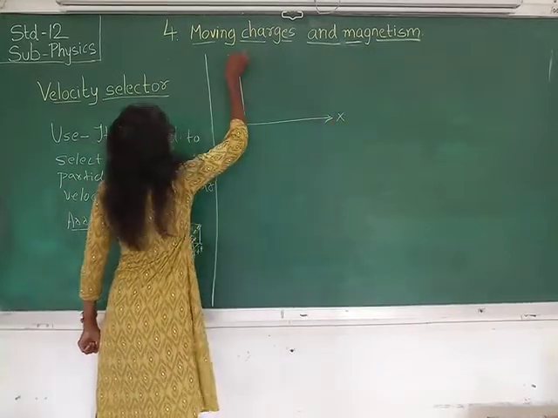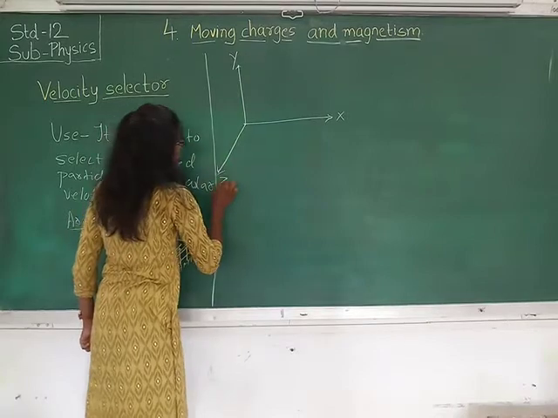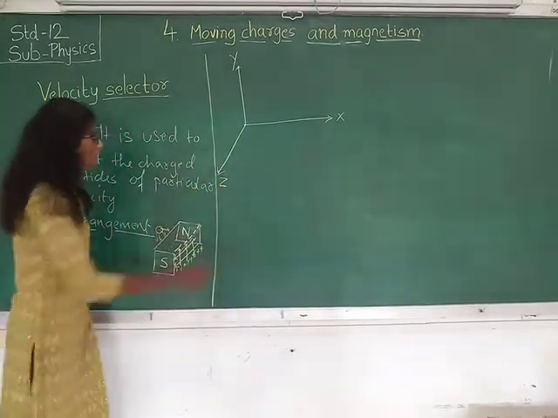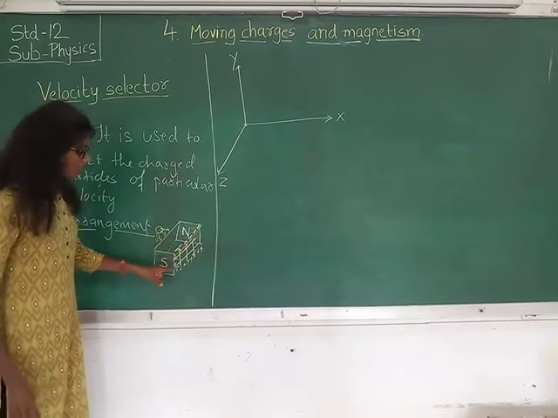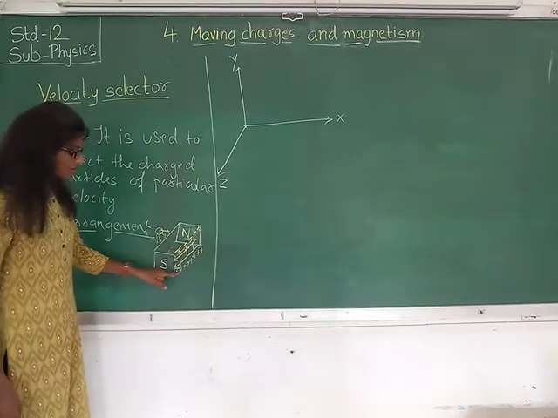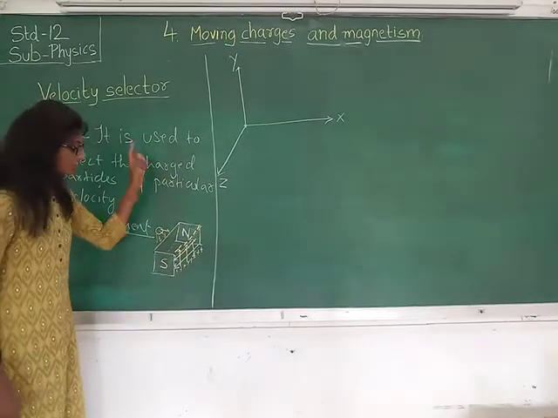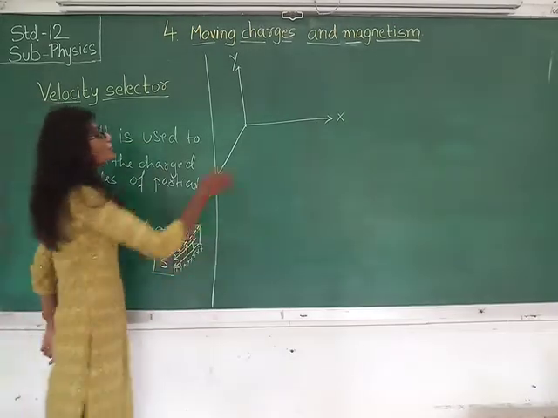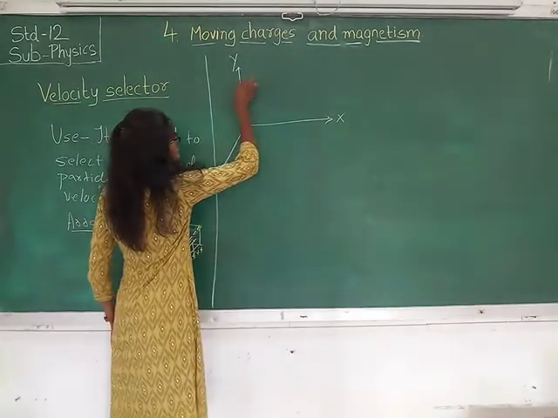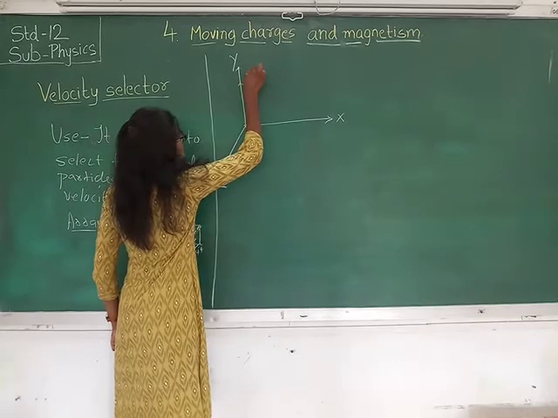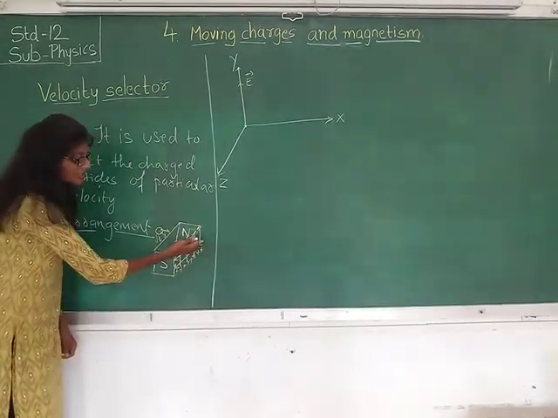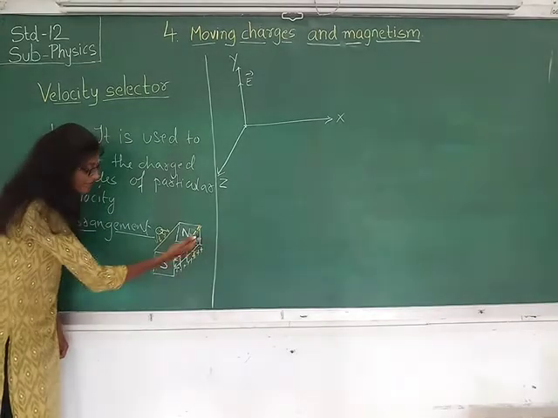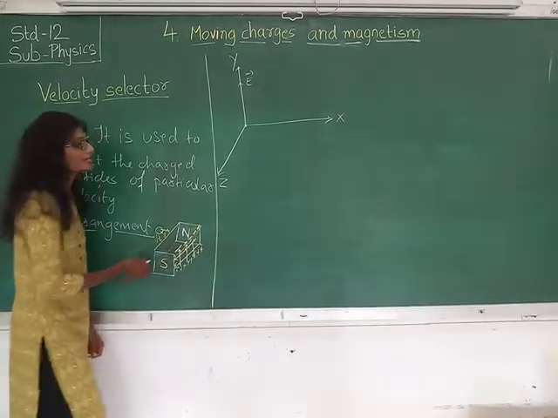Let these be the x-axis, y-axis and z-axis, and this be the origin. As you can see in this setup, the electric field lines are along the y-axis. So let the y-axis be the direction of the electric field, right? And the magnetic field lines are along the z-axis.